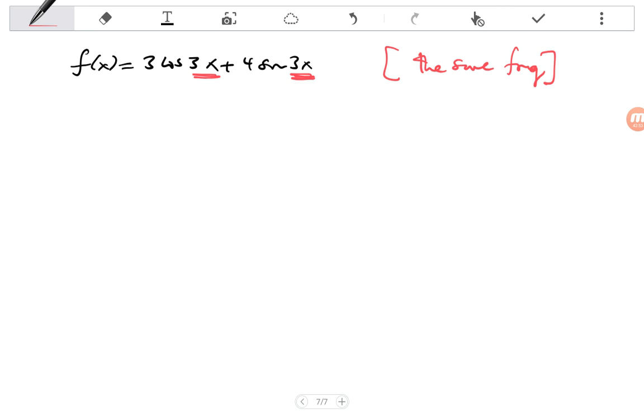Now this expression, we can make a trick to put it in a single sinusoidal form. How?